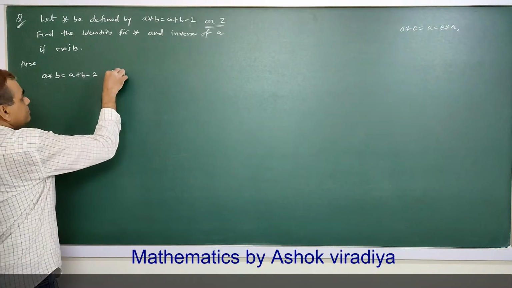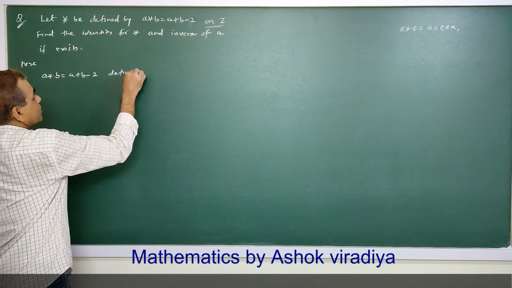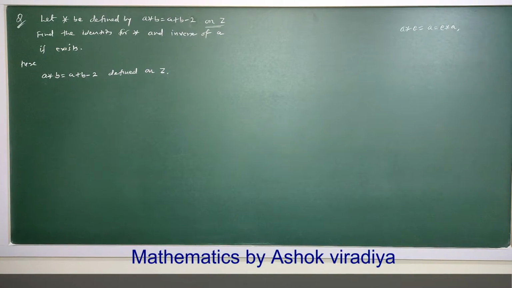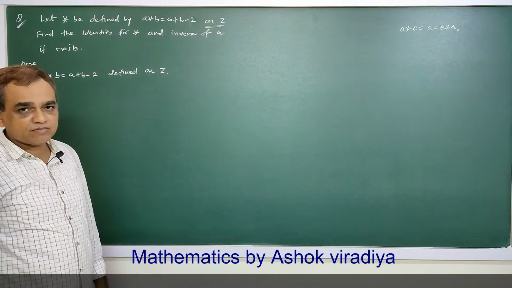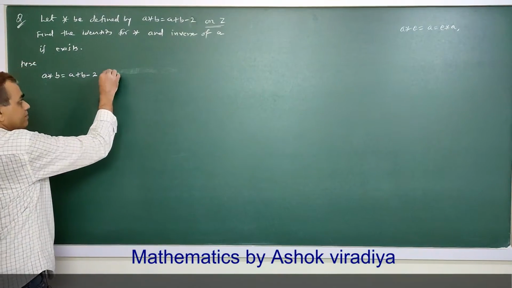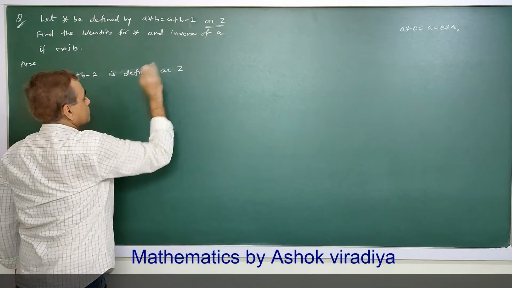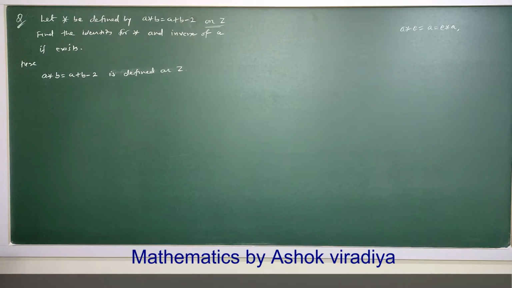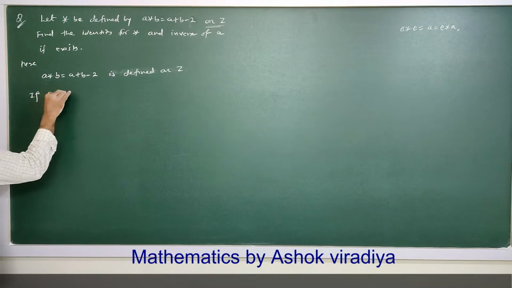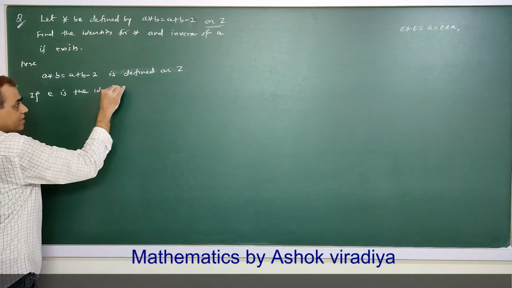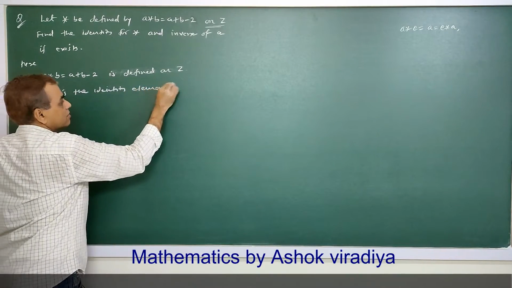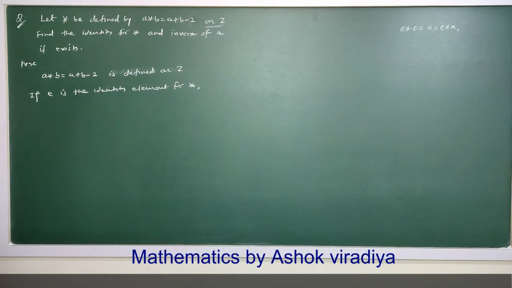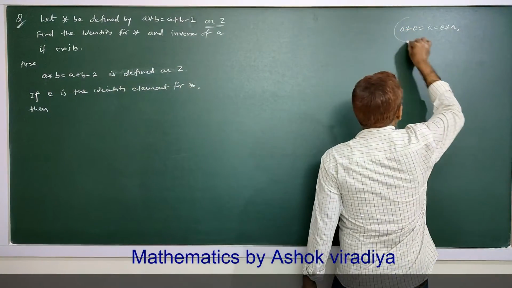This binary operation is defined on Z. Now see, suppose that E is the identity element for the binary operation star. Then to find E, first of all we are taking this part.